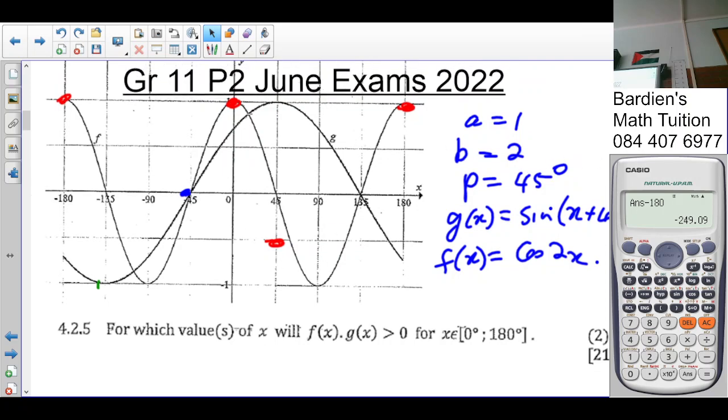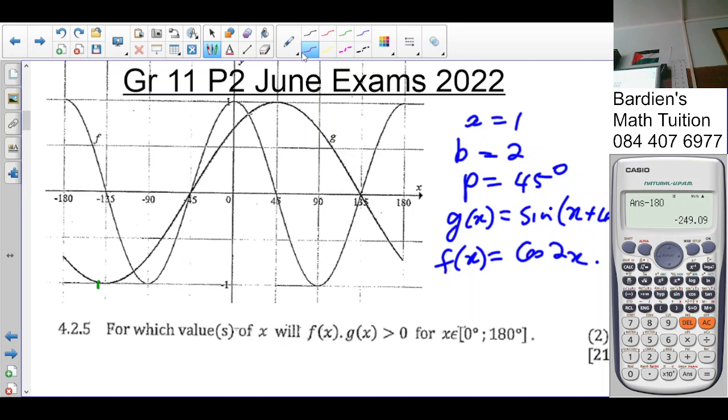In 4.2.5, we are told for which values of x will f of x times g of x be greater than 0 for x in the given interval. So they're only looking where between 0 and 180. They're not interested in anywhere else on the graph. So taking that into account, f of x times g of x is greater than 0. What does greater than 0 mean?